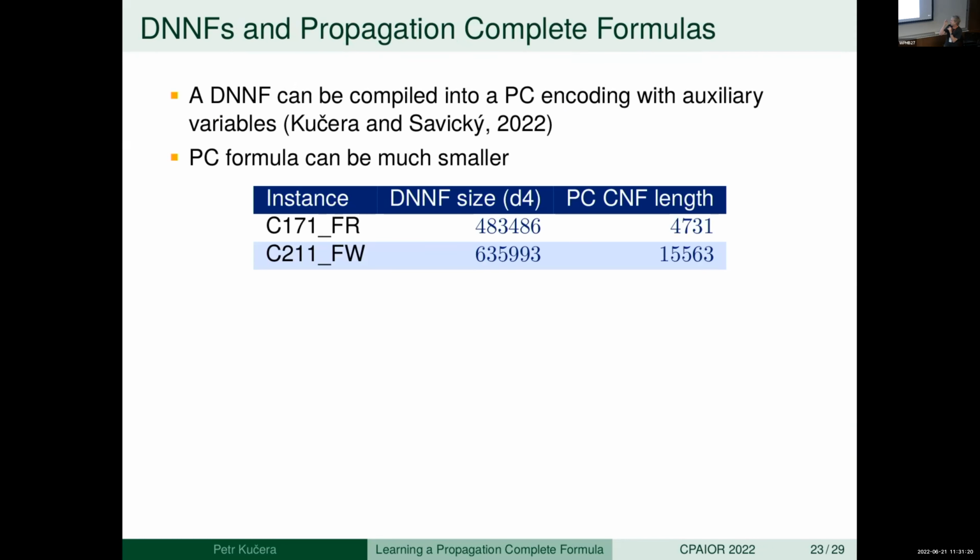Although they offer the same queries, in some cases the propagation complete formulas we found are much smaller than the DNNF you could construct using, say, D4. So using this approach, we get a much smaller structure with the same set of queries we can answer. And also CNF can be much more easily embedded into some bigger problem instance.